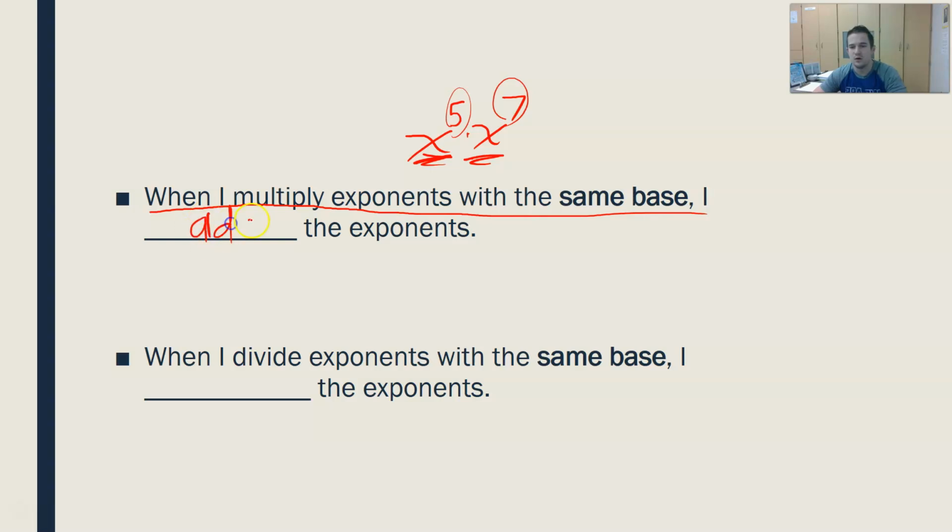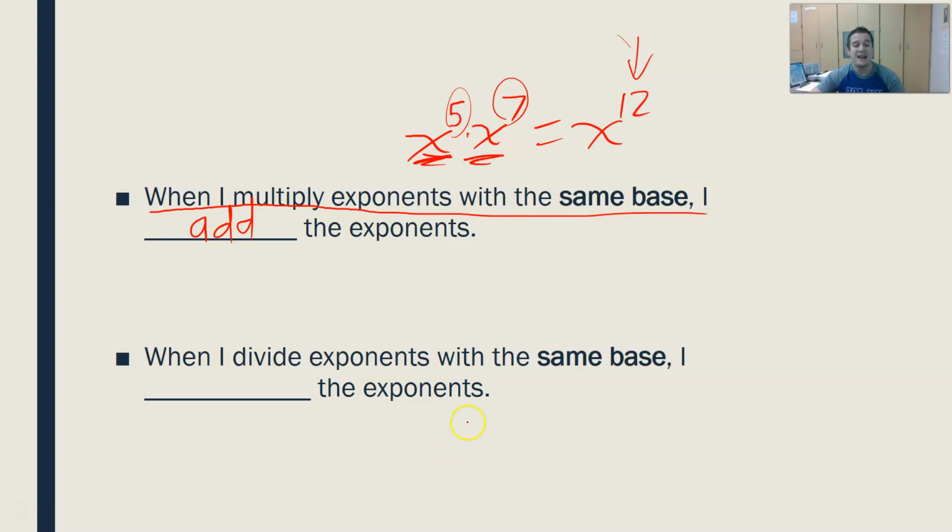So for example, x to the 5th times x to the 7th is x to the 12th, because I'm multiplying 5 x's plus an extra 7 x's, which is a total of 12 x's that are being multiplied together. So when I multiply exponents with the same base, I add the exponents.